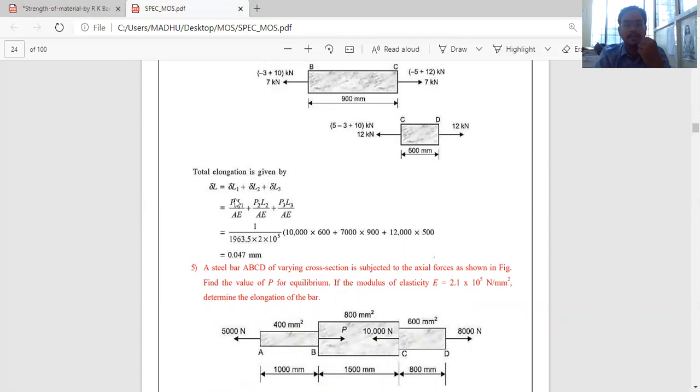P1 L1 by AE, P2 L2 by AE, P3 L3 by AE. Now P1 is different, L1 is different, A and E are the same. So when you substitute these values, we are going to get a positive value, an overall positive change in length. Here it is 0.047 mm.